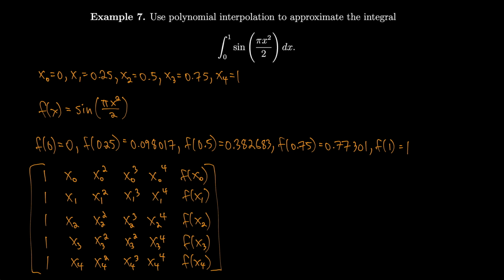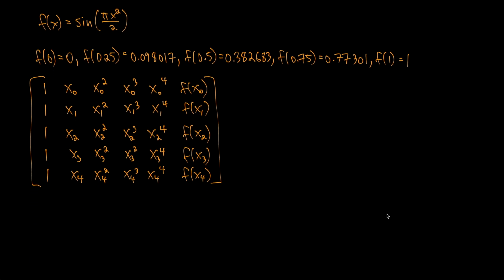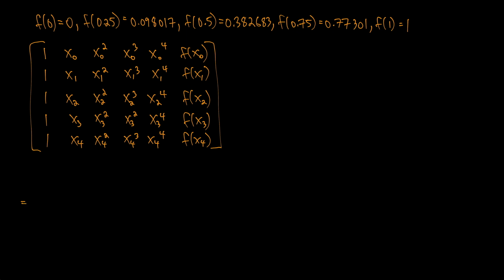What I'm going to do is plug in all of the values that I already got. So it gives me 1, 0, 0, 0, 0, 0 for x0, then 1, 0.25, 0.25 squared, 0.25 cubed, 0.25 to the 4th, and 0.098017.